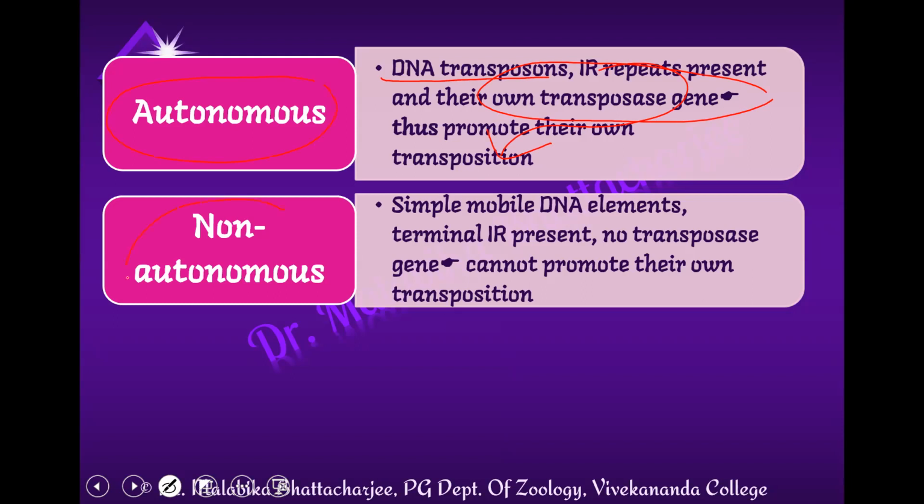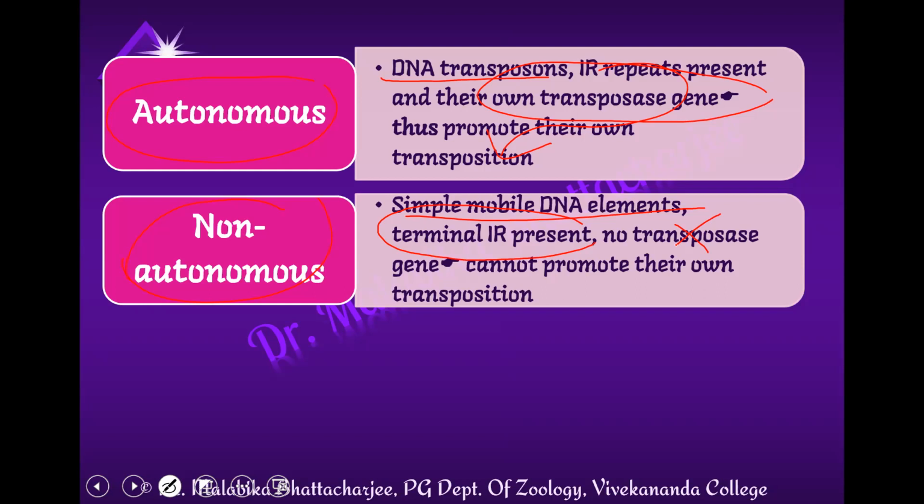But non-autonomous means these are also DNA mobile elements, but they do not have the transposase gene, and they have internal inverted repeats present on either end. So by now you have understood that if there is no transposase gene, even if these mobile elements are bounded by inverted repeats on both sides, they will not be able to jump. So they are frozen in the genome. They have the capacity to jump only if somebody provides them the transposase enzyme.